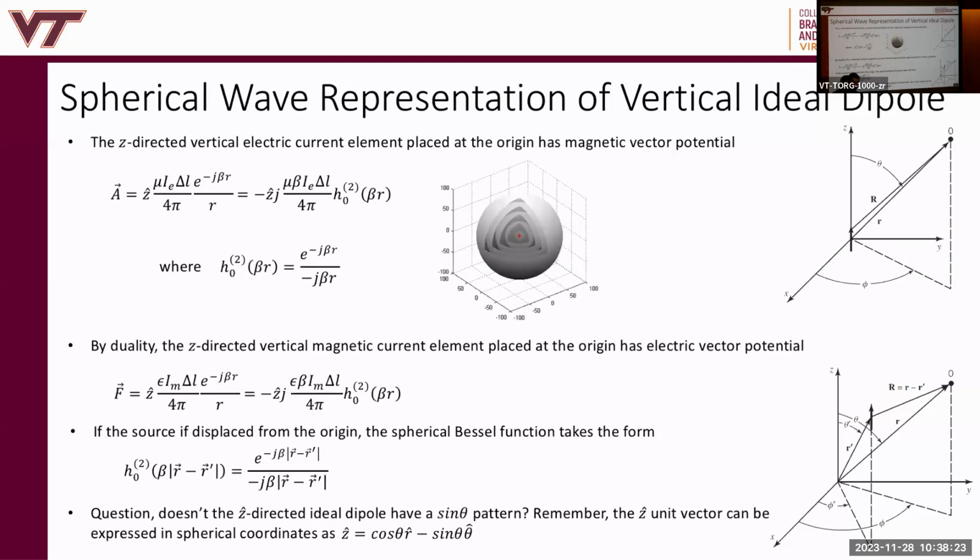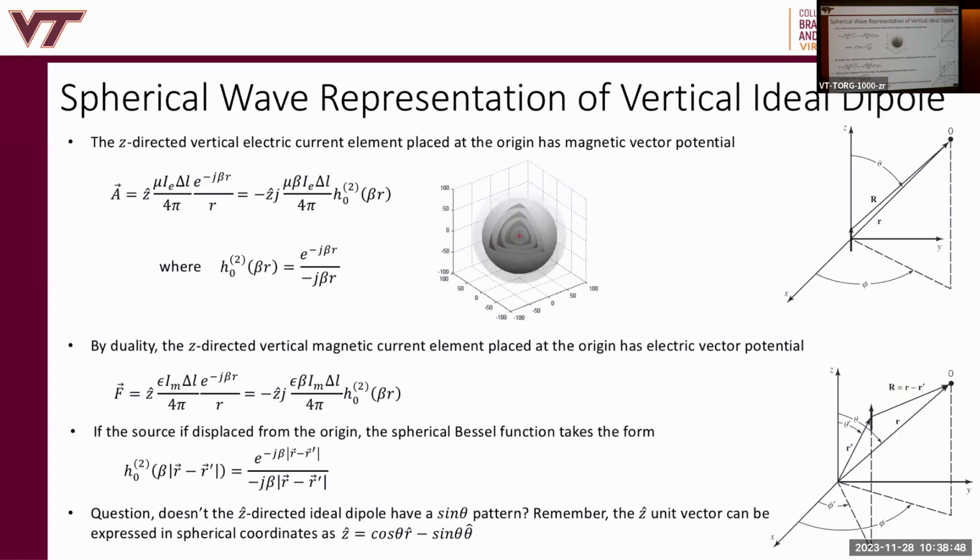But these are concentric perfect spheres because there's no phi or theta variation dependence in this function, h0 2. So here we are again with h0 2 representing now a perfect spherical wave, which is represented here. These are expanding spheres, right? As the wave fronts of h0 2. Yeah?